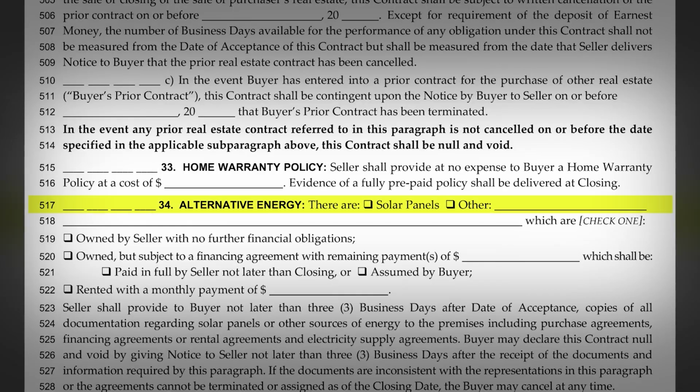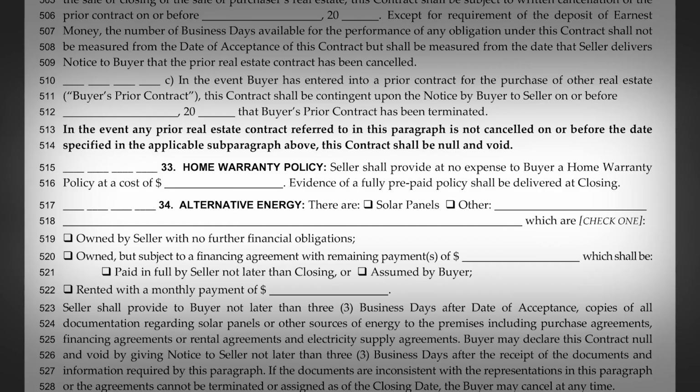Paragraph 34 talks about alternative energy. This is a new paragraph that was added because of the popularity of solar panels and the issues that may have arisen out of homes with solar panels. We need to know about the solar panels and whether or not they are owned. Are they paid in full? Are they rented? There is also the option for future use of alternative energies.